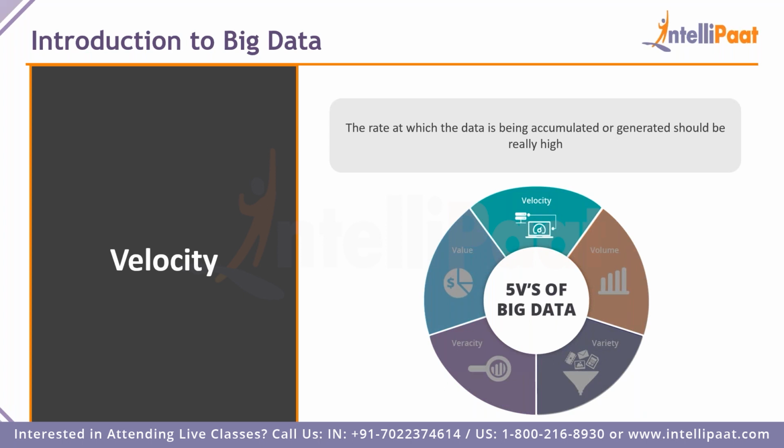And the data is coming in periodically, like every minute or every second or every day. And the amount of data that is coming per unit of that time should be extremely large in nature. So that means that the data is like 1 terabyte per day, or 1 petabyte per day, or 90 GBs per hour, or something on those lines, right? The data is coming in really quick. That is your velocity. The data velocity should be really high.